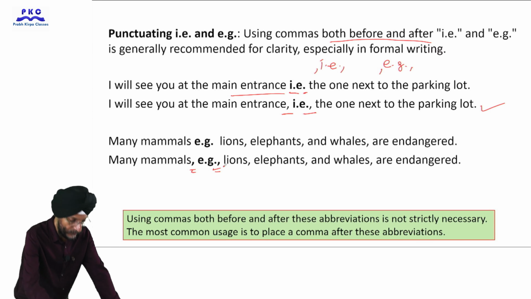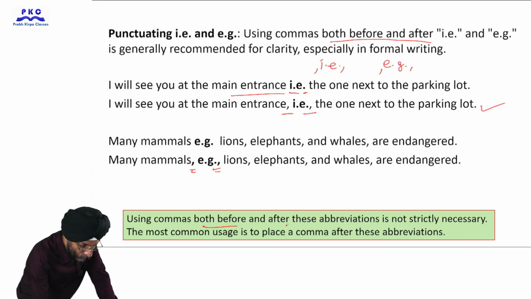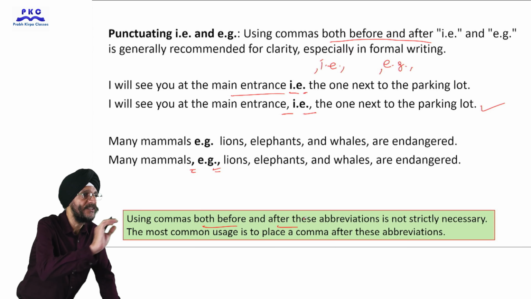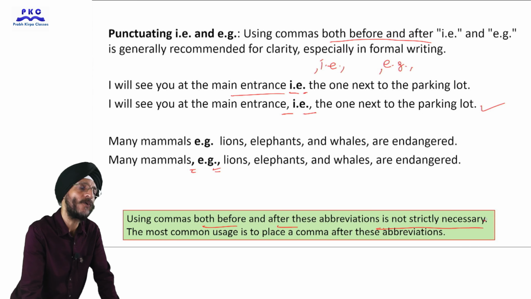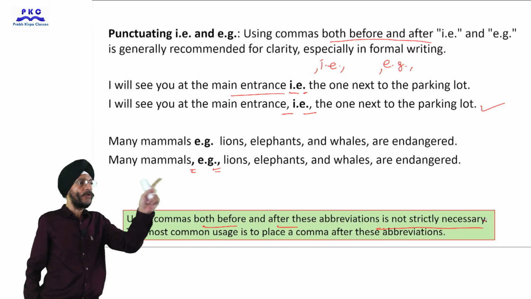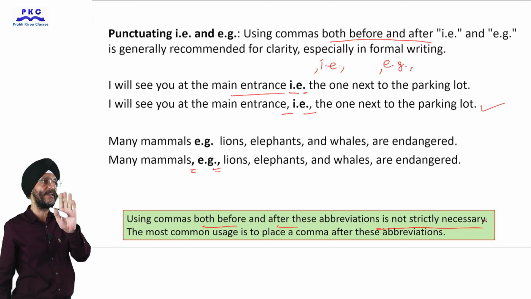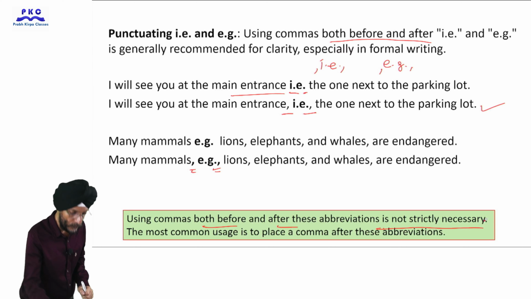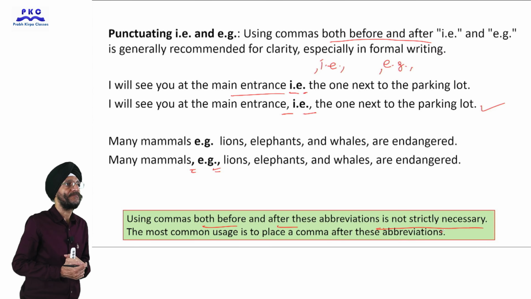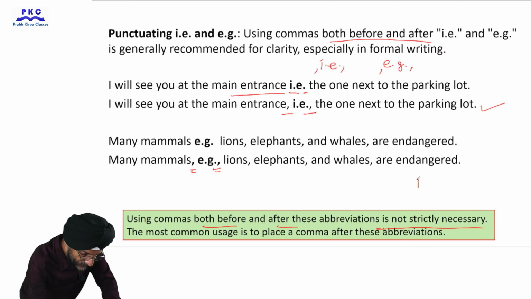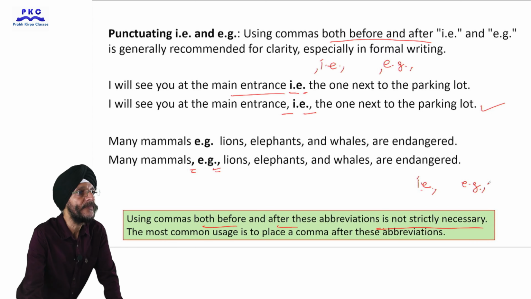Here is a note: using commas before and after these two abbreviations is not strictly necessary. It is not necessary that we should put a comma before and after i.e. and e.g. The most common usage is to place a comma after these abbreviations. Mostly we put a comma after these abbreviations.